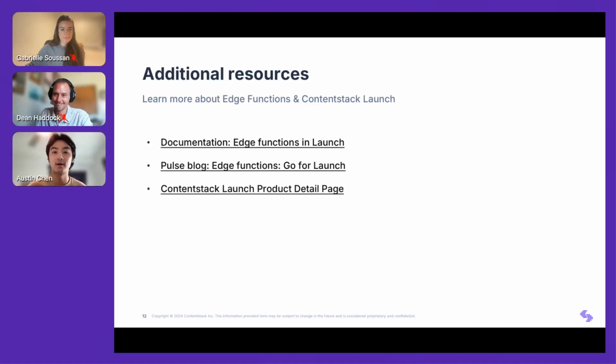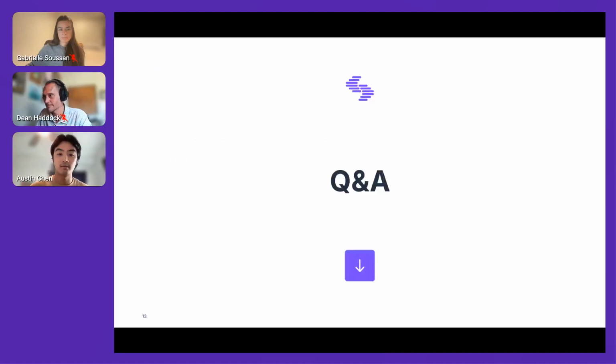There's a lot more good nuggets of best practices and use cases in there as well. And then the product detail page for Launch is there as well if you want to learn more about what Contentstack Launch is and how it could help you in some of your businesses and goals. But I think that's it for that. Wanted to leave some time for any Q&A. If you have any questions, feel free to drop them in the chat.